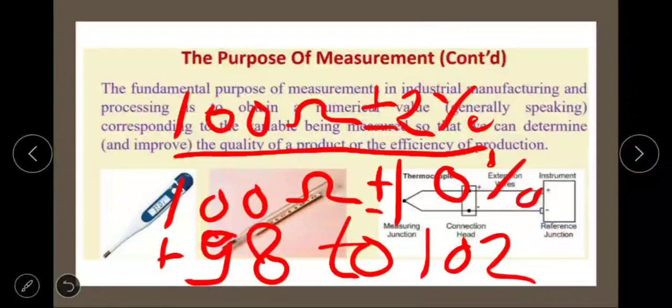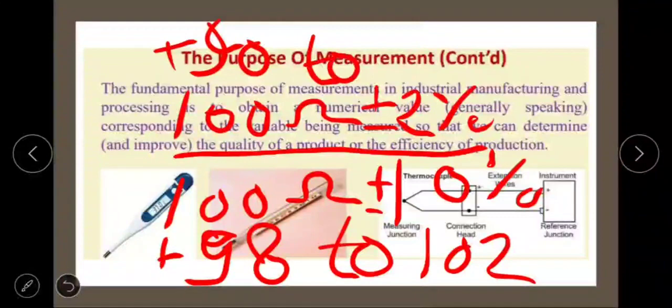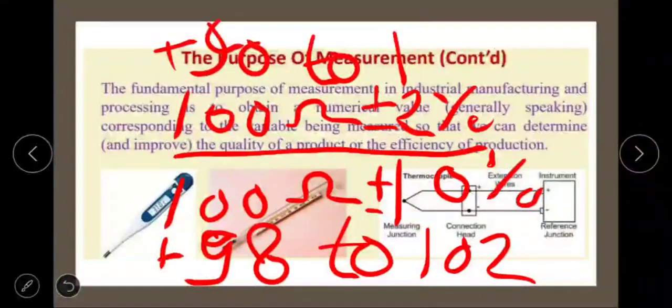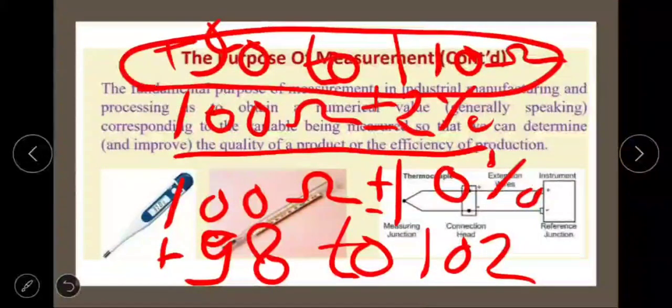So the value of that resistor could be between 90 to 110. So this resistor cannot be used for very precise measurement. If we want a very accurate measurement, then this resistor cannot be used.